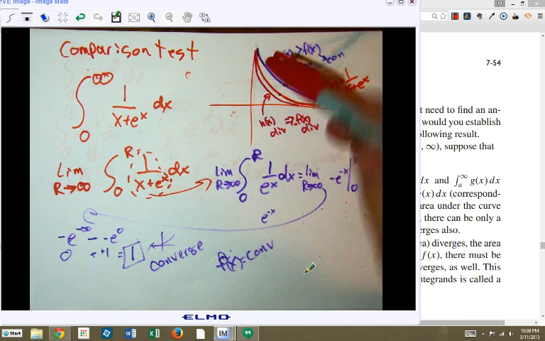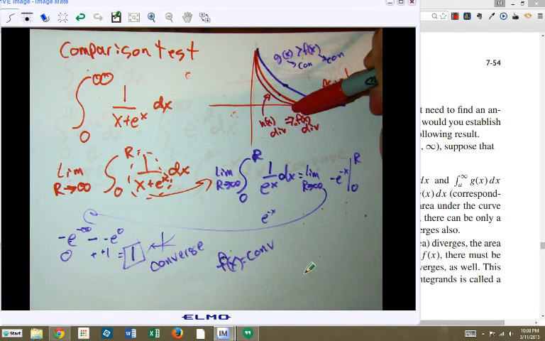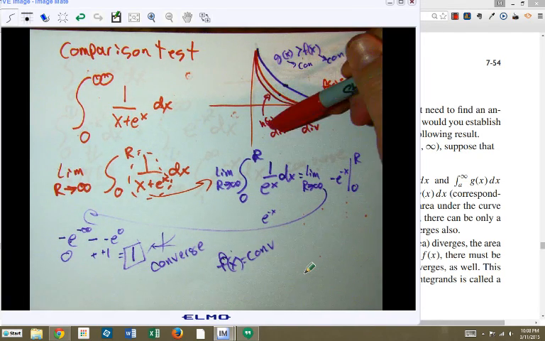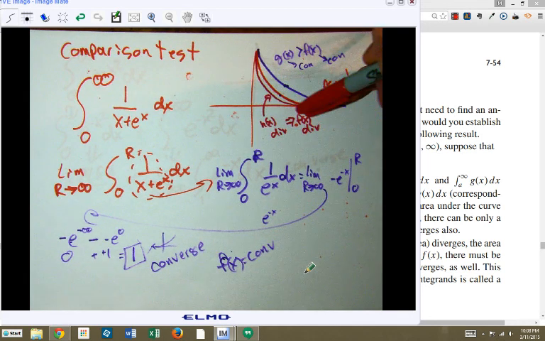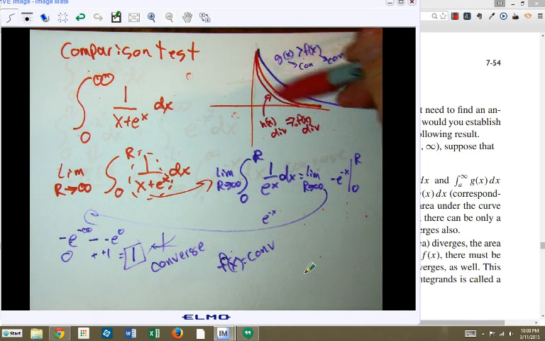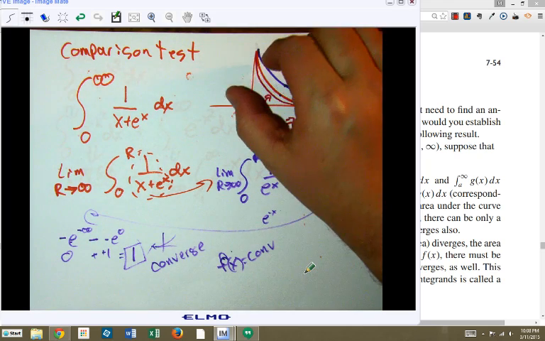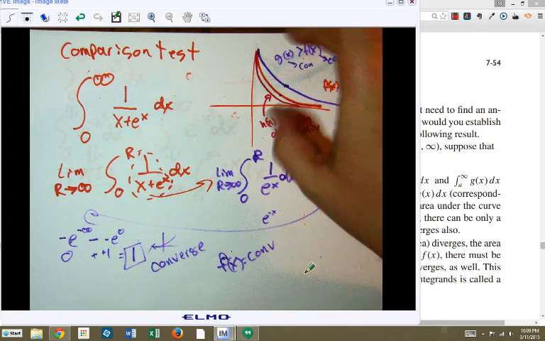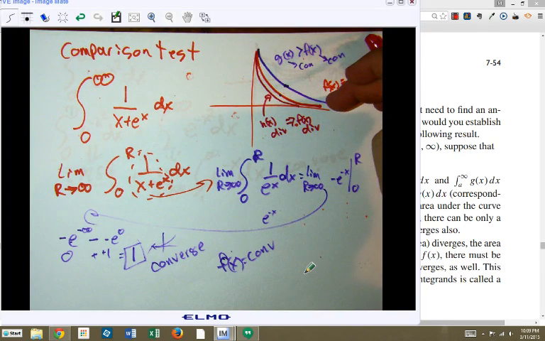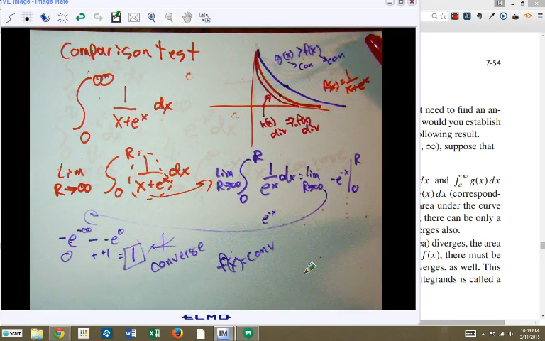So if I have this red graph that is smaller than f of x, so h of x is smaller than f of x, and if this red smaller graph diverges, then the larger f of x must also diverge. So what I'm doing is I'm hemming in f of x between two functions to determine if this one converges, f of x converges, but if something lower diverges, f of x diverges.